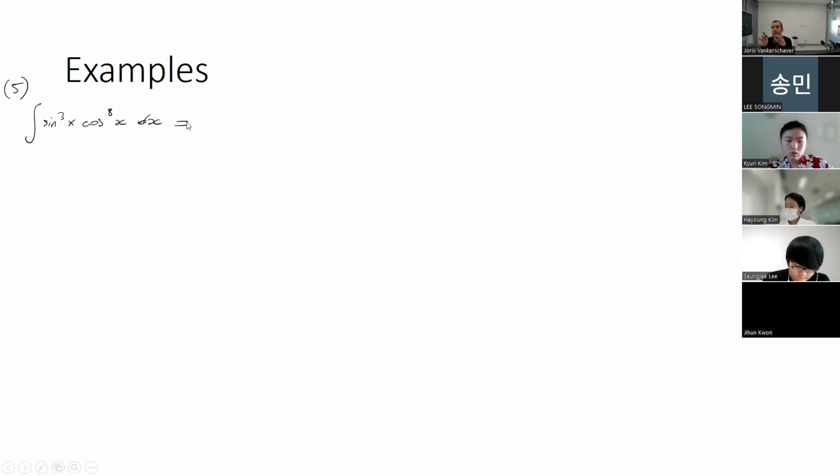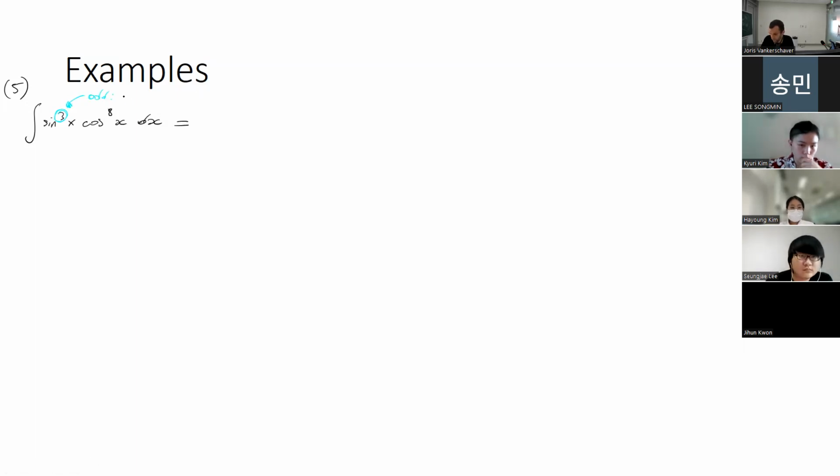If you have an integral with sine and cosine, you'll see this in the examples that will follow, have a look at the powers. If you have an odd power somewhere, then chances are that you will be able to use trigonometric substitution. So here, in particular, we have this power 3. This is an odd power.